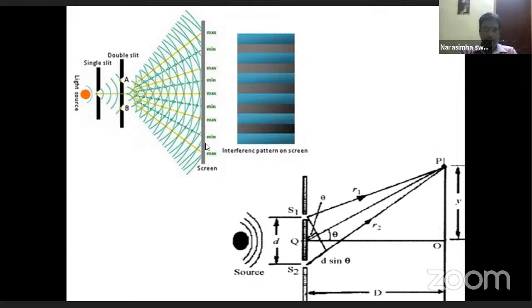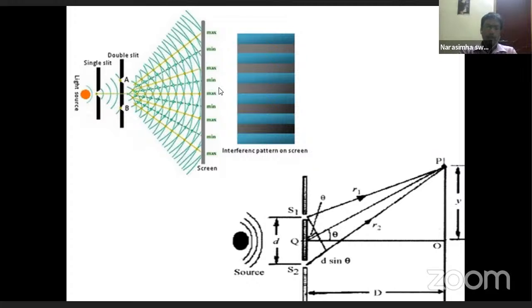This is the screen here, and on the screen there is a maximum. And observe here one trough and another crest are overlapping, at this point, this point, this point. Those are called minimum points. So maximum, minimum. On the screen you can see alternate bright and dark fringes. This is called an interference pattern.